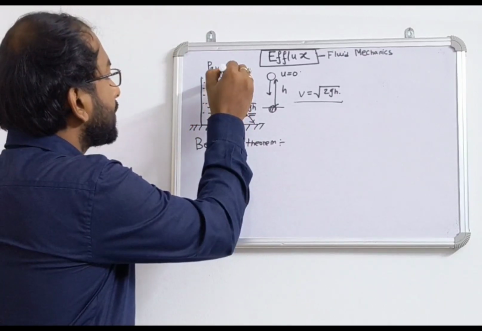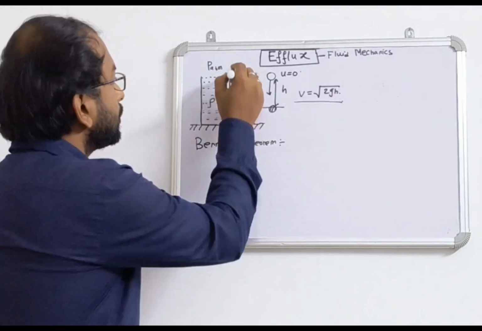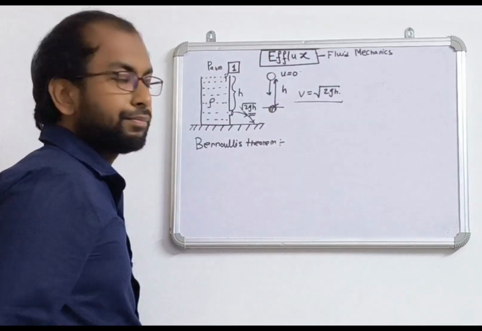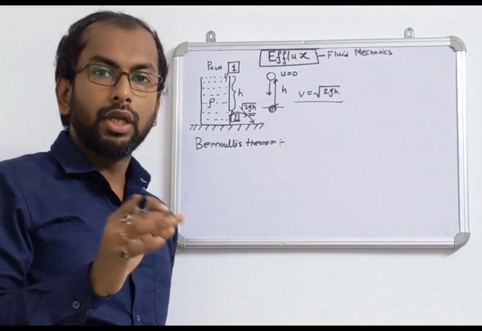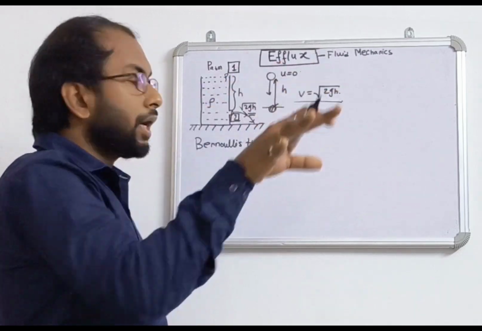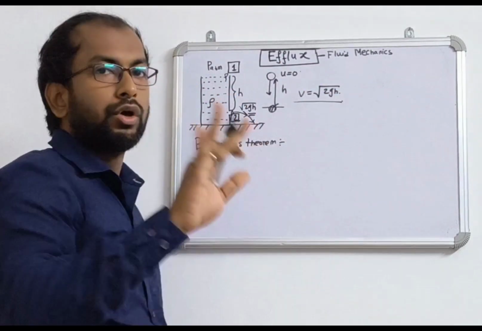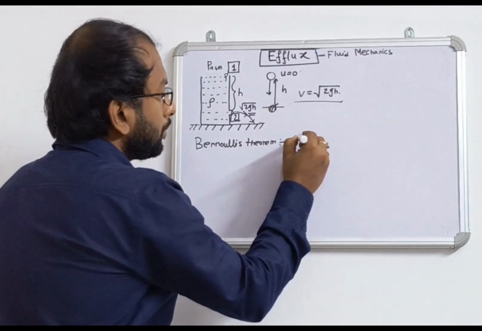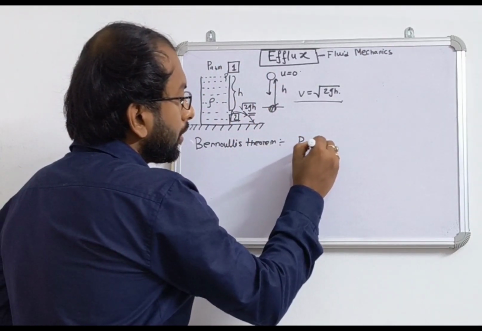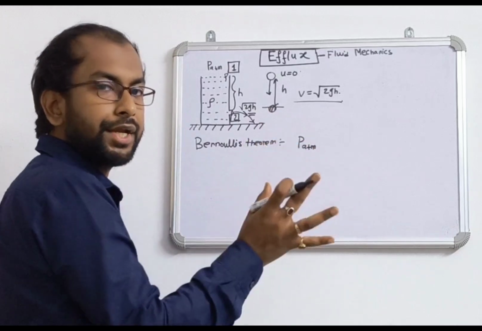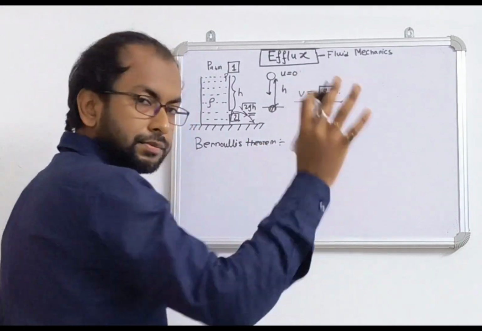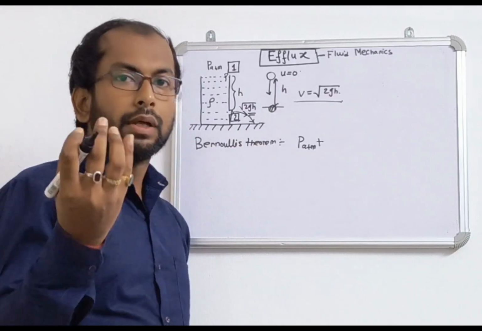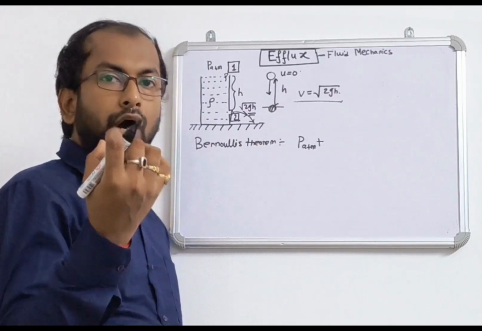So at this height, what is the pressure energy? This is one point we will consider, the topmost point, and this is the point we will consider when the liquid is getting out from the hole or through the orifice. So at point 1, the pressure energy is P atm, plus there is potential energy also. We consider the mass per unit volume, that is the density.